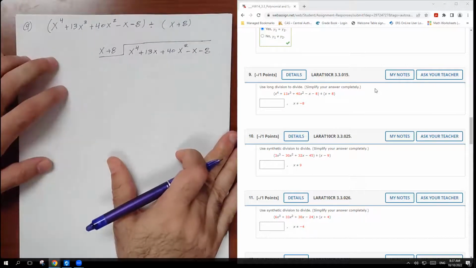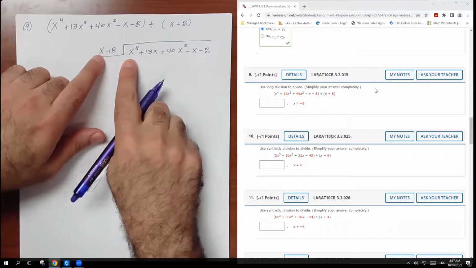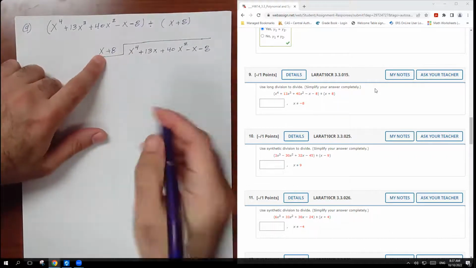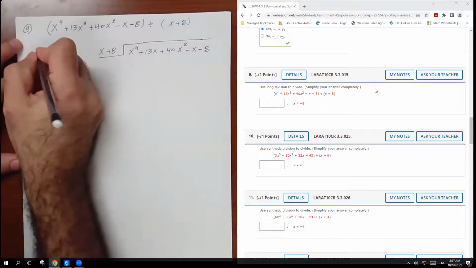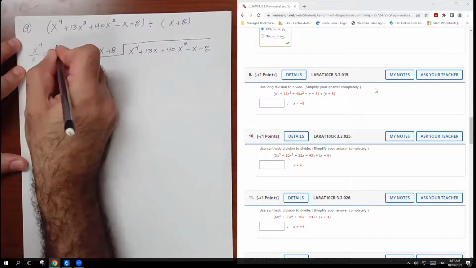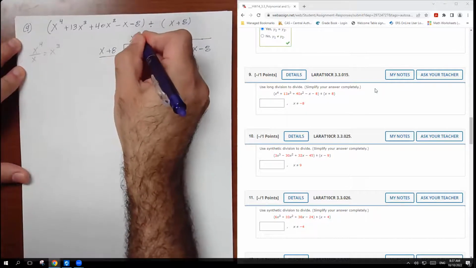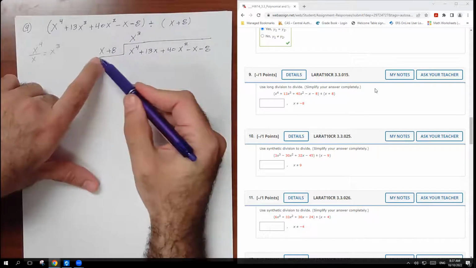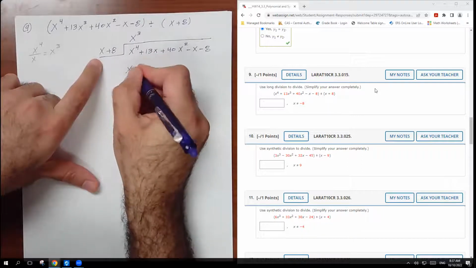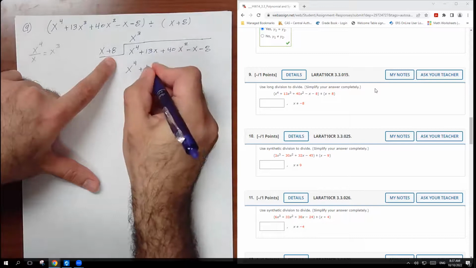So let's start dividing. The first term, x to the power 4, divided by x. Let's do this on the side. x to the power 4 divided by x is going to be x cubed. So I'm going to write down x cubed here. Then x cubed times x is going to be x to the power 4. x cubed times 8 is going to be plus 8x cubed.